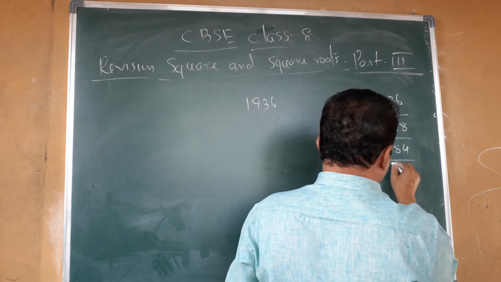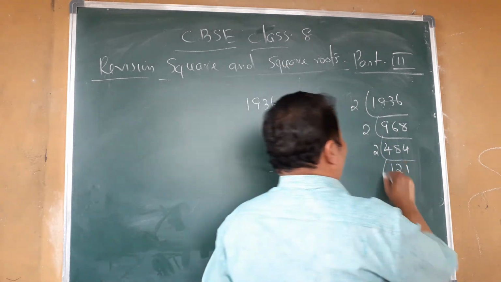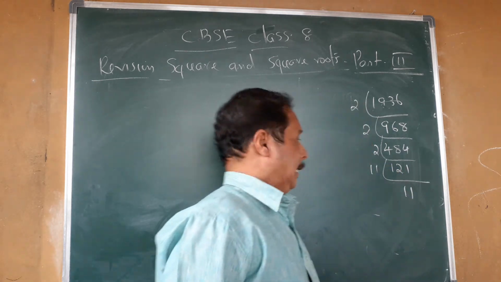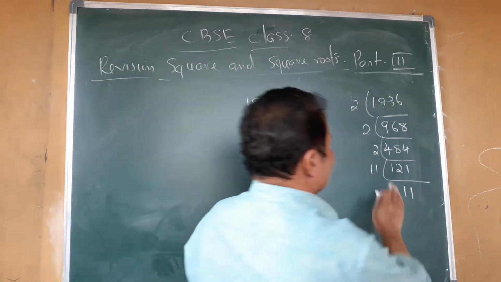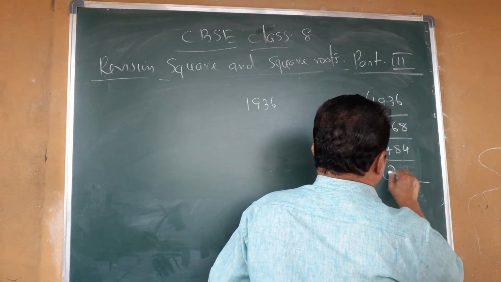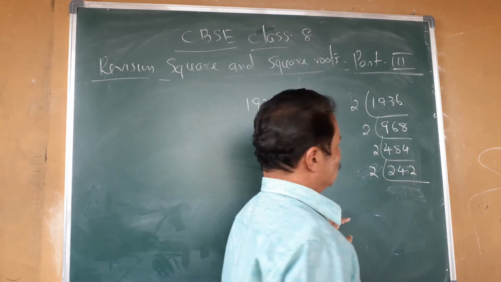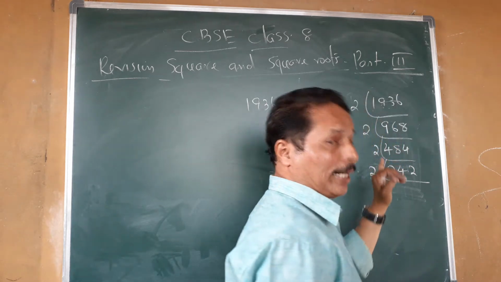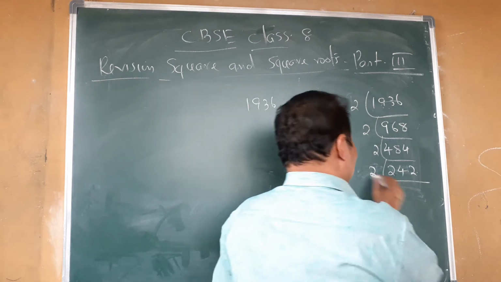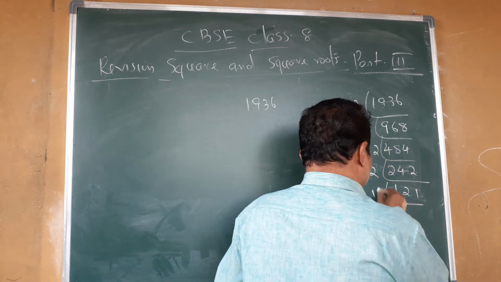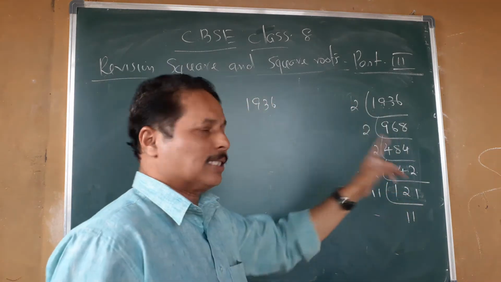Again divided by 2, 242. Again divided by 2, you get 121. That number is only divisible by 11. And you studied that 11 square is 121.